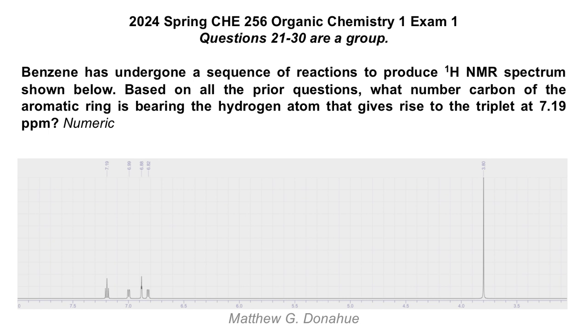What number carbon atom on the aromatic ring is bearing the hydrogen atom that gives rise to the triplet? So this triplet at 7.19.